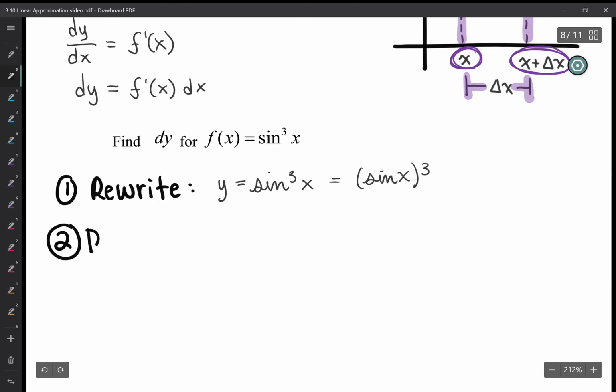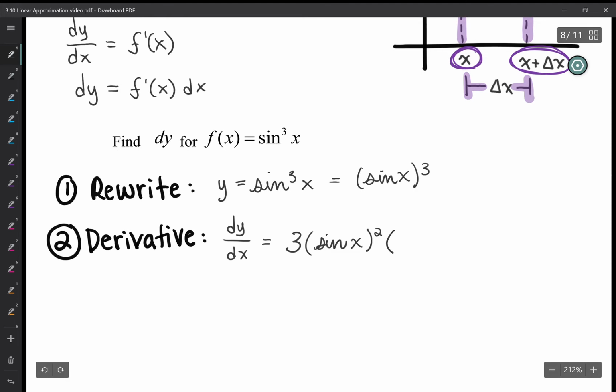Now we can take the derivative. So we have that dy dx is equal to 3 times sine of x squared, using that power rule.